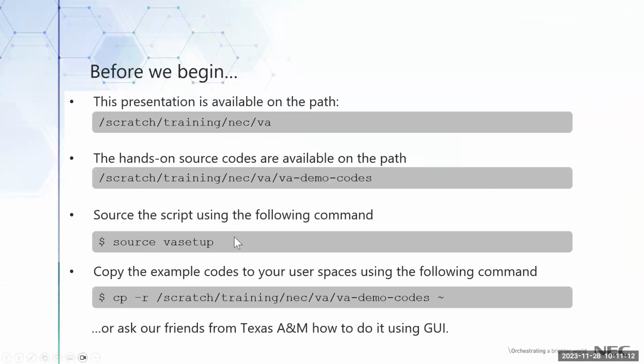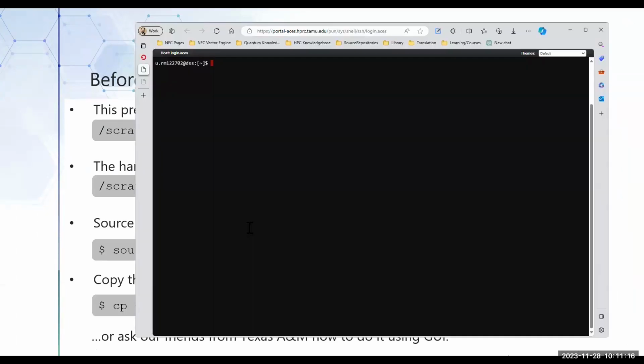The next thing that we have to do is type source VA setup. Lisa has very kindly created this script, which involves all the packages and environment variables that need to be installed. So this single command can allow you to invoke the vector annealing environment, which we will later use.